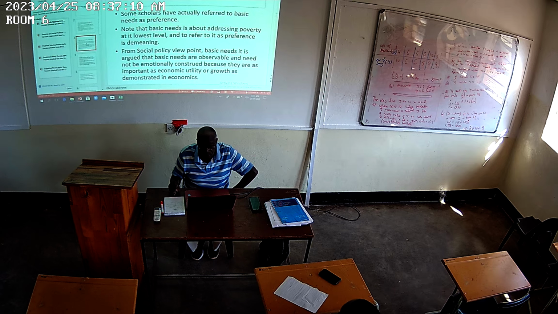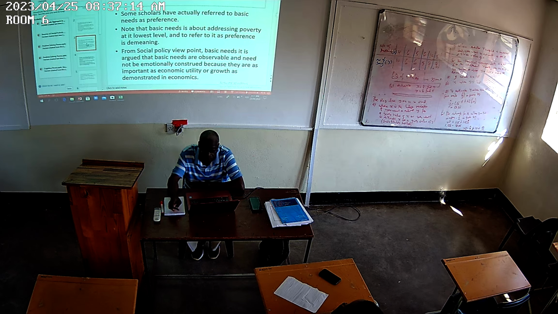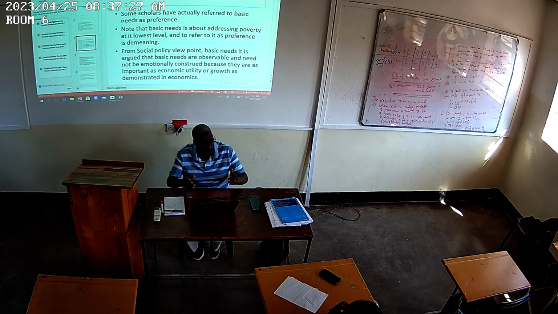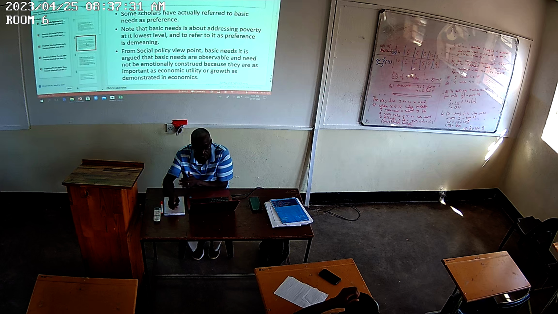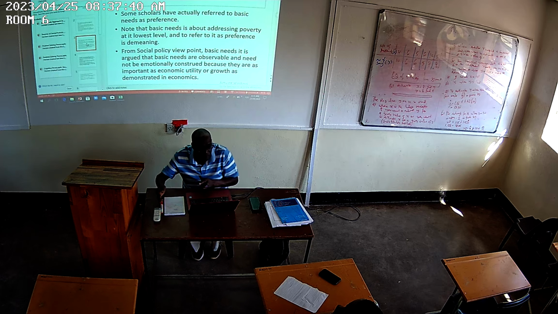Now, when you look at the social policy viewpoint, basic needs is actually something which is observable. What they mean here is that basic needs is observable. If somebody has no house and you give that individual a house, that is observable, right? You can tell that somebody who has no shelter now has shelter. Now, if somebody is sick and goes to hospital, health is a basic need, right? A child who never went to school and goes to school, it means education is a basic need.